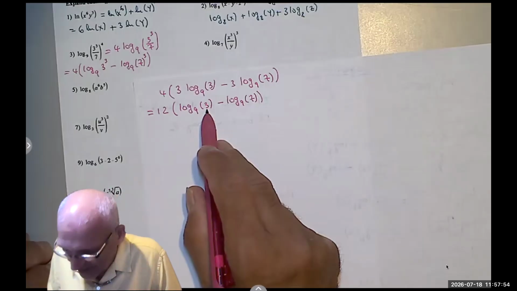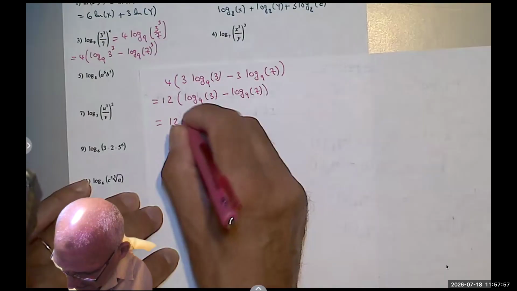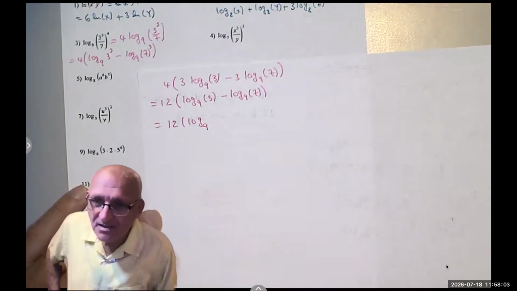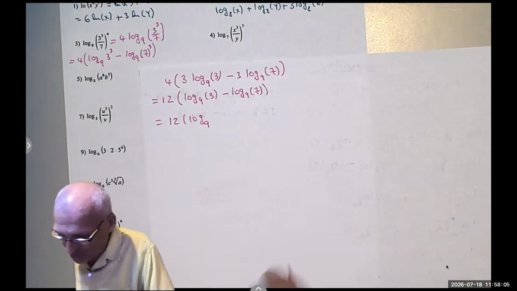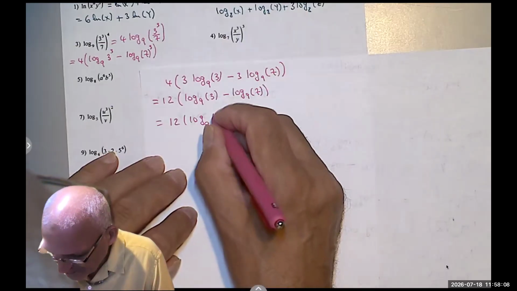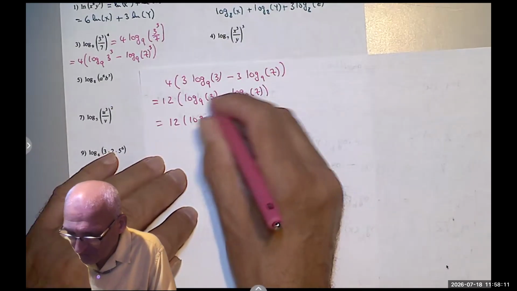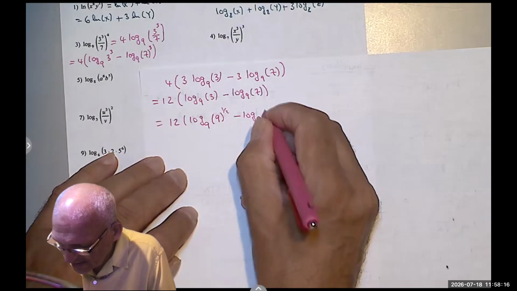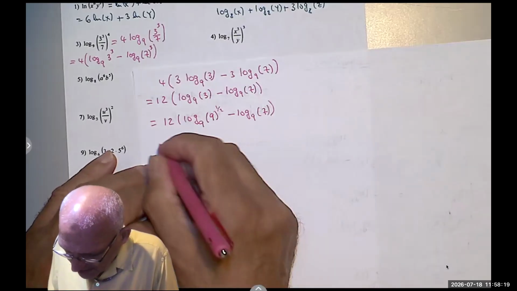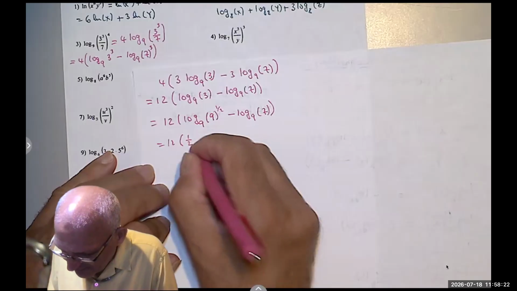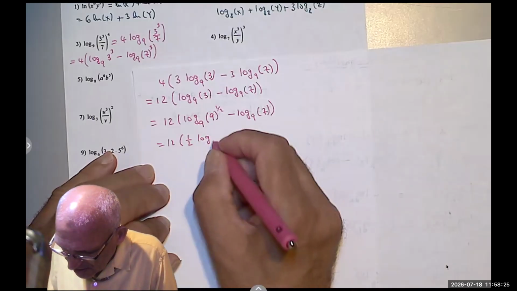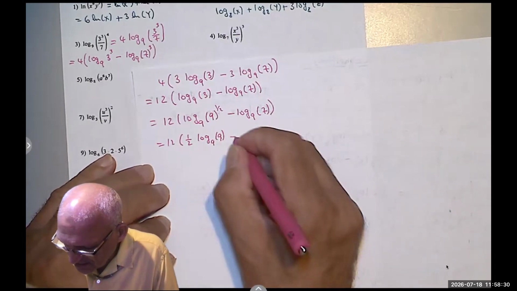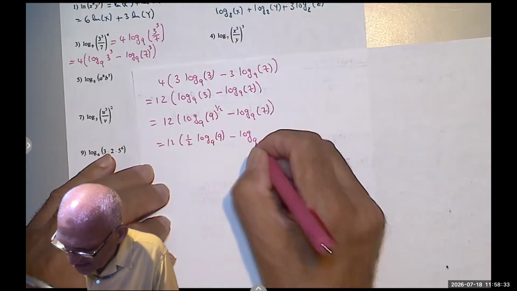I did it in multiple steps because I wanted to show you that, but we could have done it easier anyway. 3 is the square root of 9, or 9 to the 1/2, so that becomes 12 times 1/2 log to the base 9 of 9 minus log to the base 9 of 7.